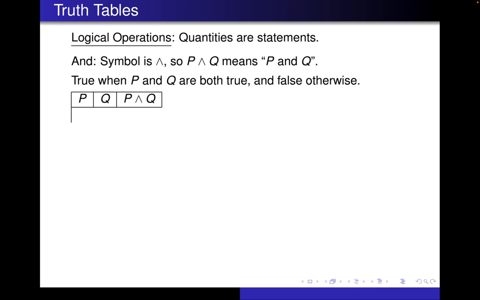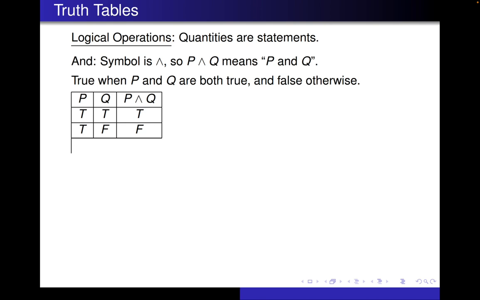And then what we're going to do is across from that show what the corresponding value of P and Q is. So for instance, when P and Q are both true, P and Q is going to be a true statement. P is a true statement, Q is a true statement, and that means P and Q is a true statement. Now, we can have P be true and Q be false. If that is the case, then P and Q is a false statement, right?